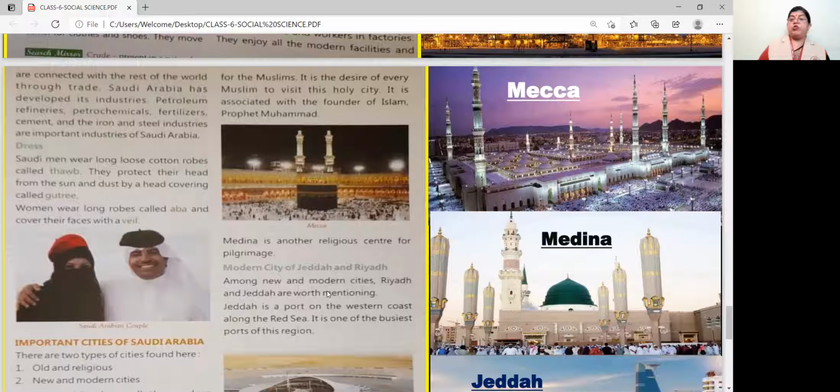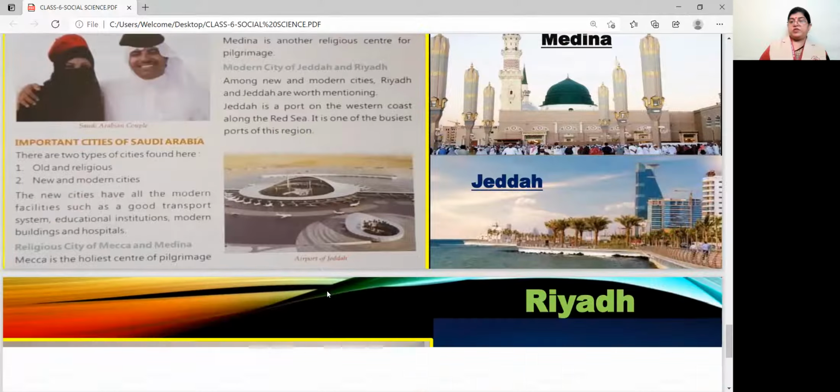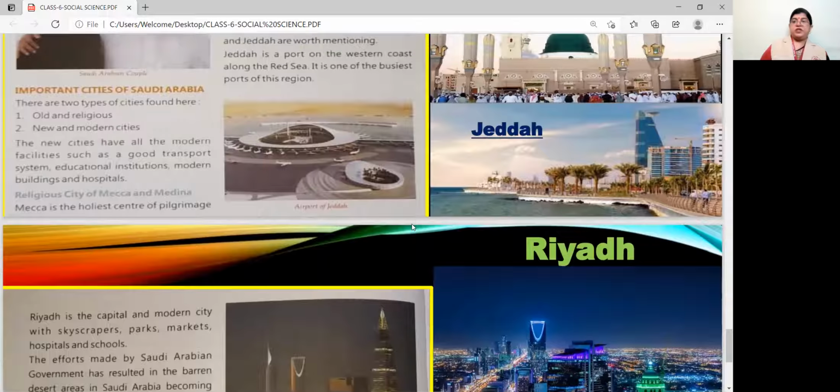Jeddah is a port on the western coast along the Red Sea. It is one of the busiest ports of this region. See, it is near the Red Sea. So, water is here. Airport of Jeddah. Busiest ports of this region.